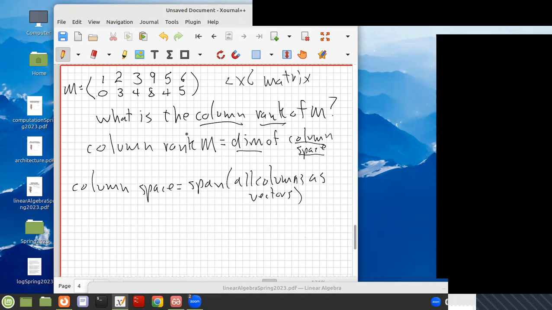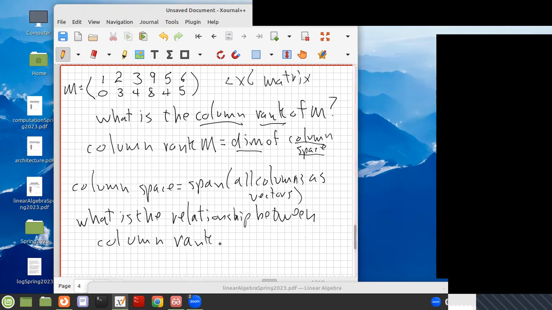Anyone have any ideas? Well, let me ask you this then. What is the relationship between column rank and row rank?